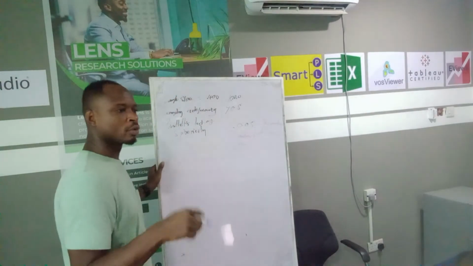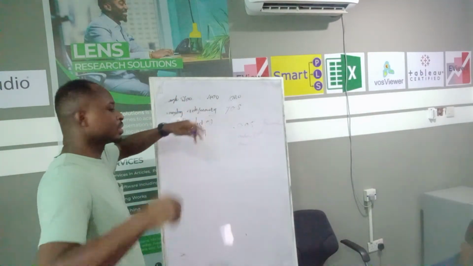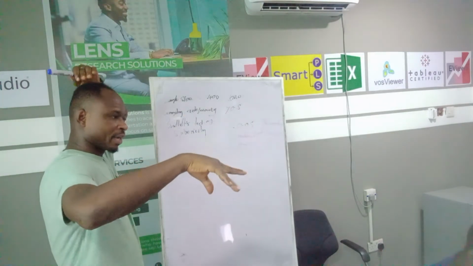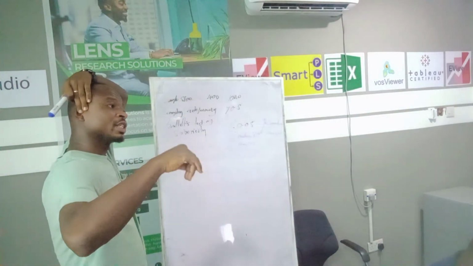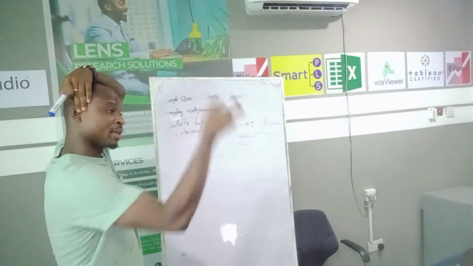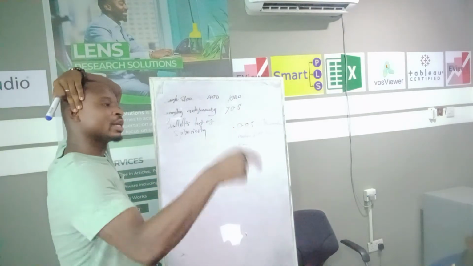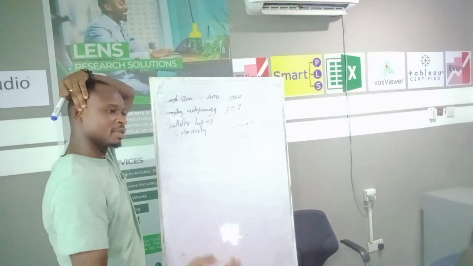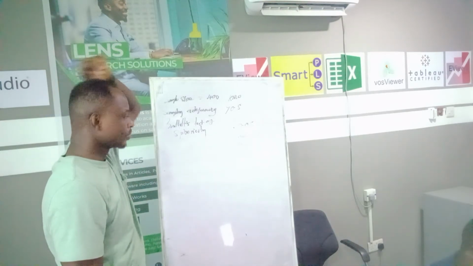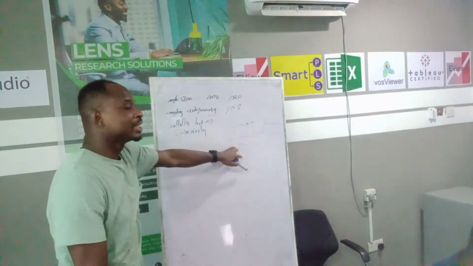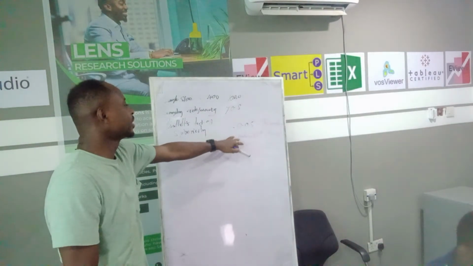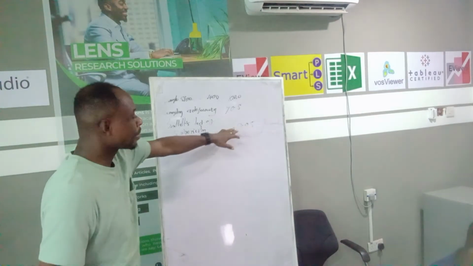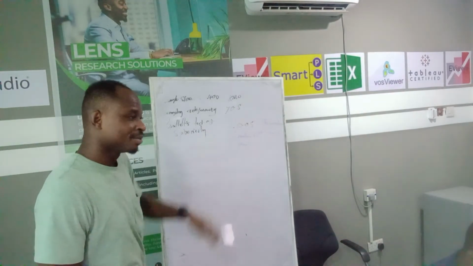When you compute your sample, you will see that the correlation between the indicators and the construct that they are measuring should not be zero. The correlation matrix should not be an identity matrix. So if it is above 0.05, we say it is what?